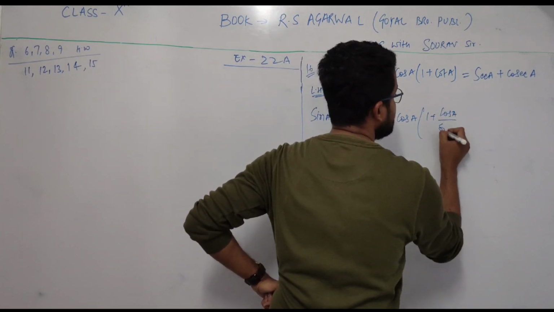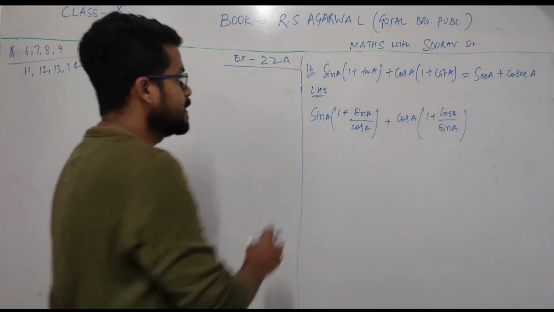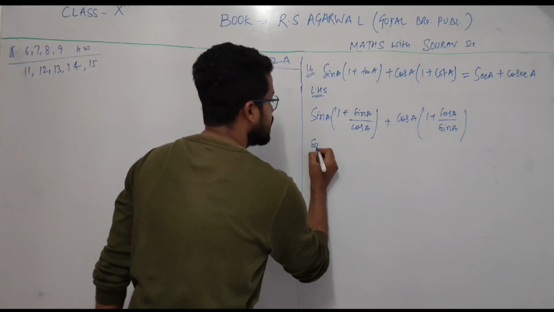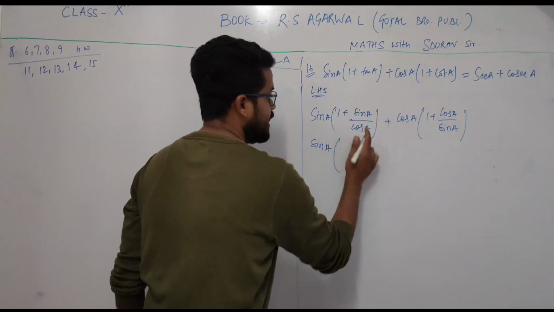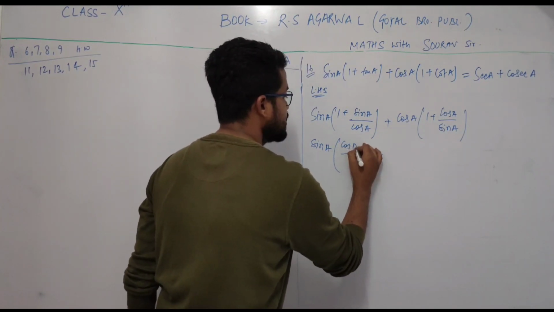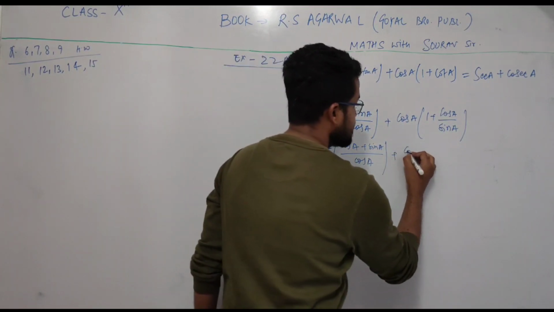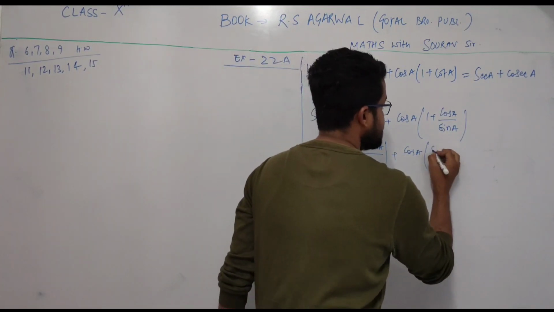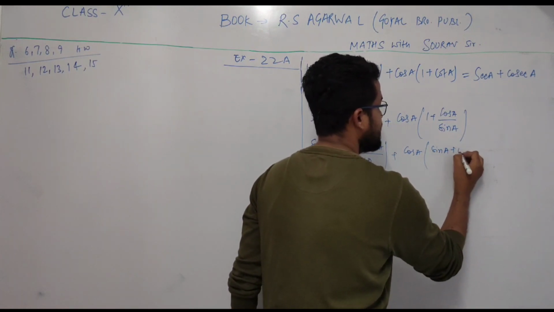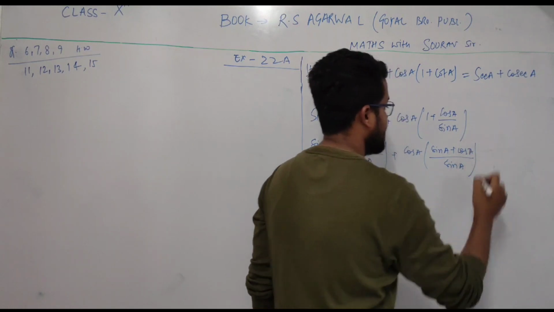Cos upon sin. Now this is sin A. If we take LCM cos A, here this is cos A plus sin A, plus cos A, here this is sin A plus cos A upon sin A.